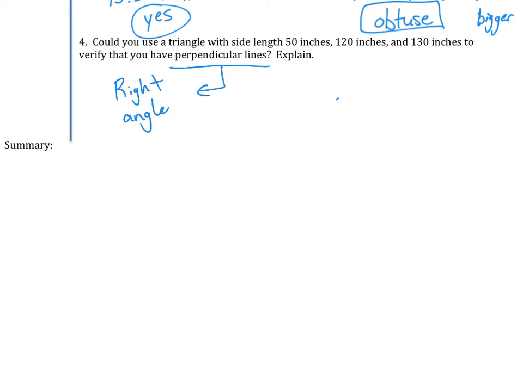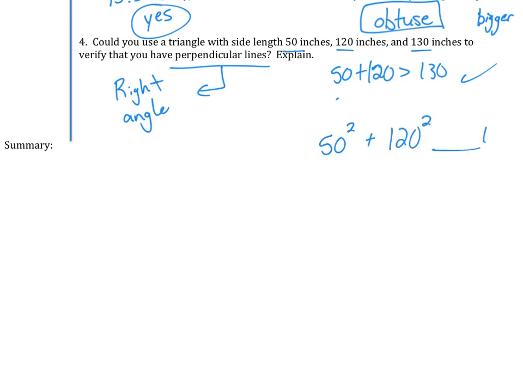So first, let's check 50 plus 120 is greater than 130. Okay, that's true. So now we have to do 50 squared plus 120 squared. I'm leaving a blank, and I'm going to put 130 squared. 50 squared plus 120 squared is 16,900.